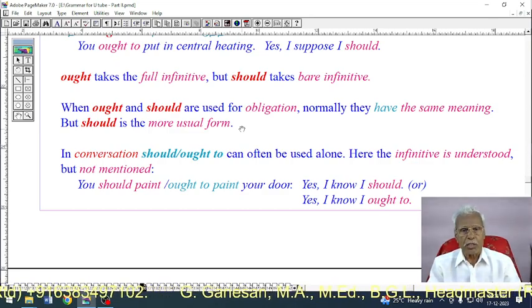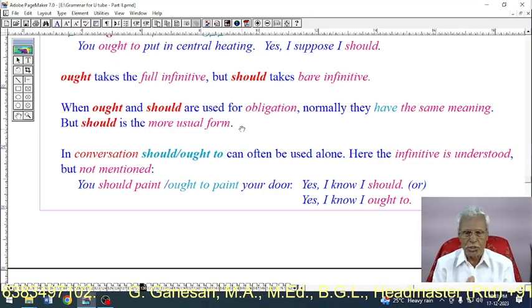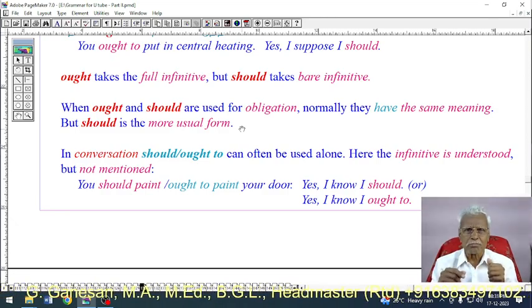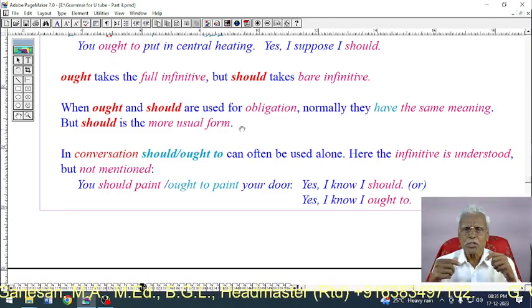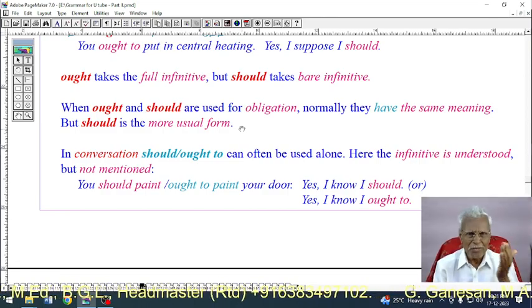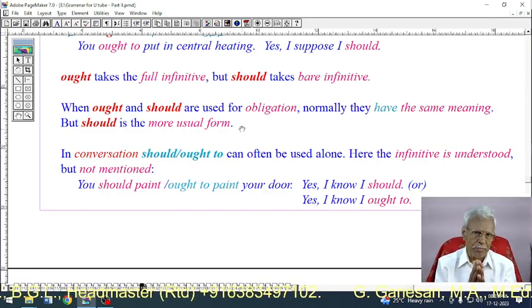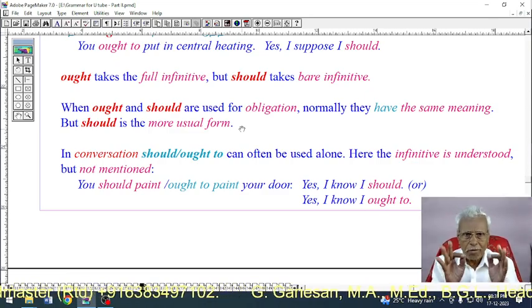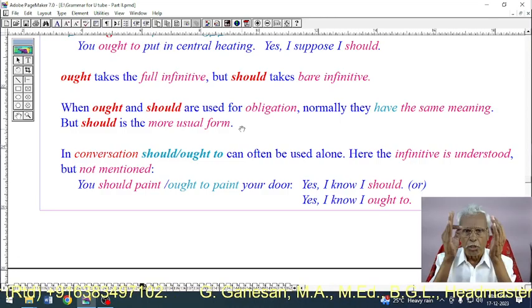Both words have the same meaning, but mostly we use should. Only occasionally we use ought. But both words have the same meaning regarding obligation, regarding duty.